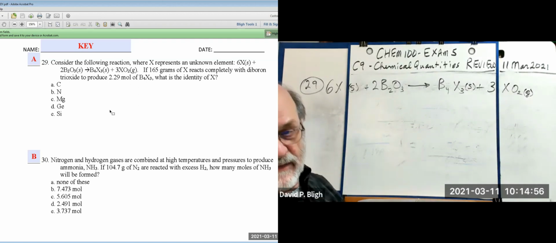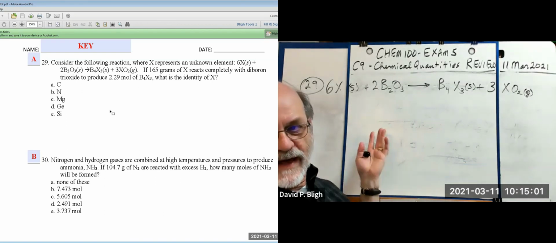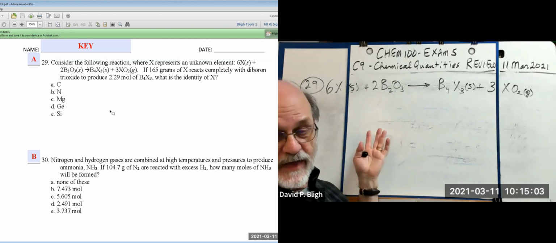Okay. What are we given? This equation is, we have to assume it's balanced. Since we don't know what X is, there's no way we can challenge that.